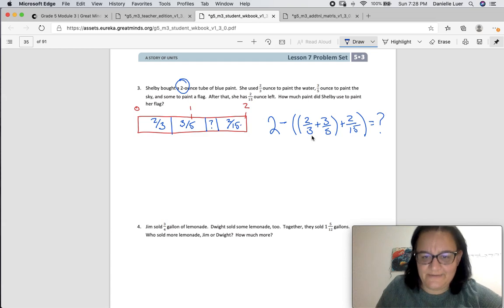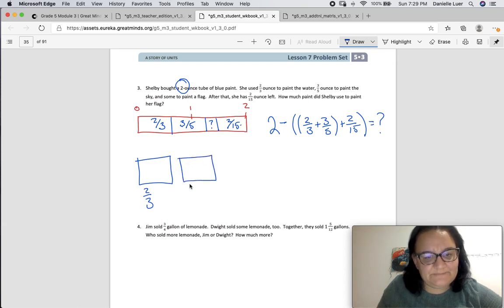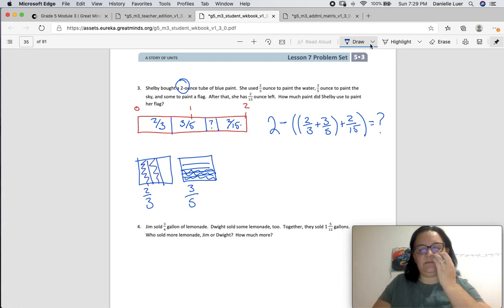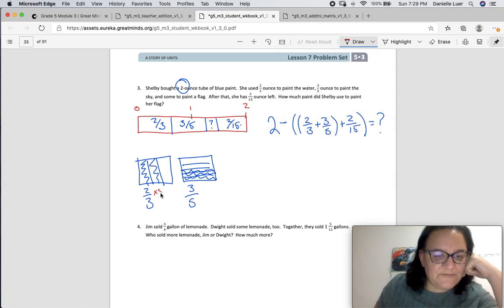So let's figure that out. 2/3 plus 3/5. Okay, so there's 1, 2, 3/5, and here's 1 2/3, and I'm going to multiply my 2/3 times 5, because here's the 5 over here, equals 10/15.